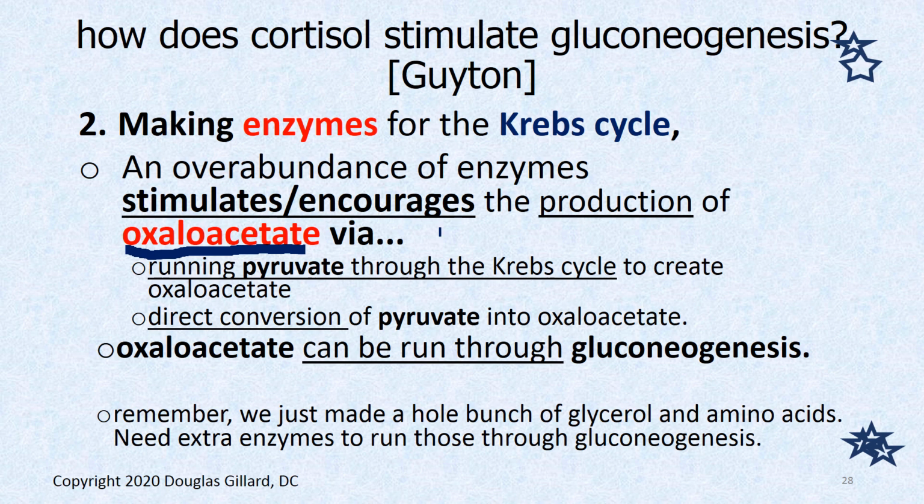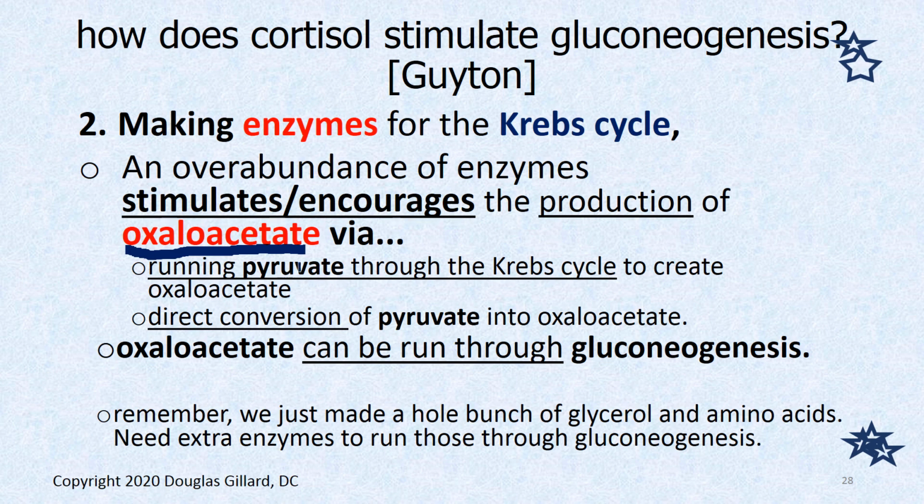Okay, so you take that and you run it through the Krebs cycle to make oxaloacetate. And now you can run oxaloacetate as a big molecule backwards through glycolysis. What's it called when you run backwards through glycolysis? That's gluconeogenesis, with a few different enzymes. So we want to make sure the Krebs cycle has plenty of enzymes to take that pyruvate and make oxaloacetate.